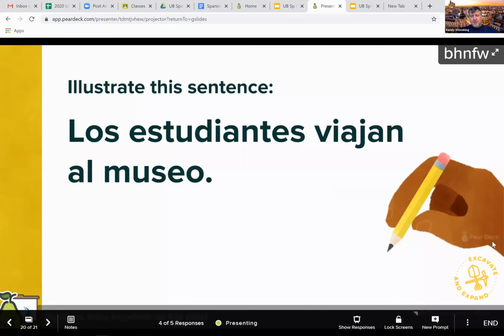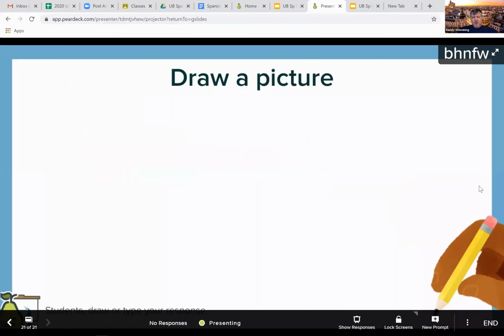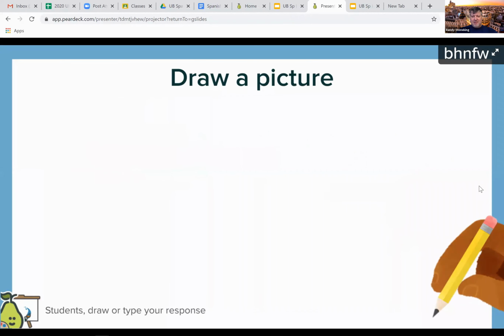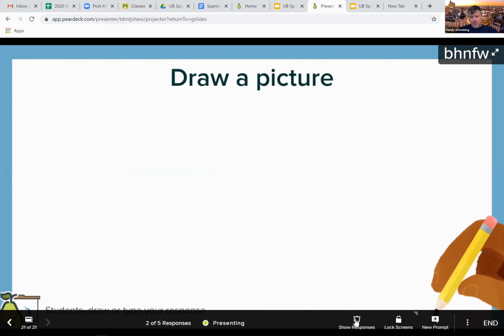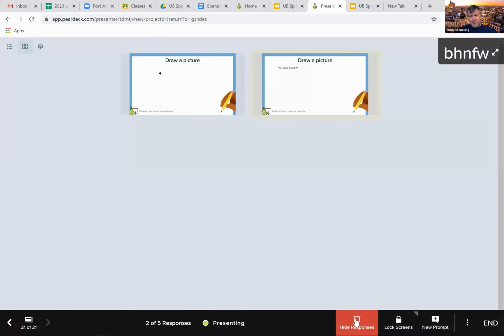Here we go. Last one to finish it off. So use the verb hablar. Make me a sentence and a picture that goes with it to illustrate it. Make sure you use the correct ending to say who's doing it. I'm going to put your responses up here.